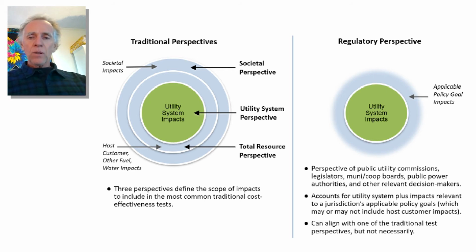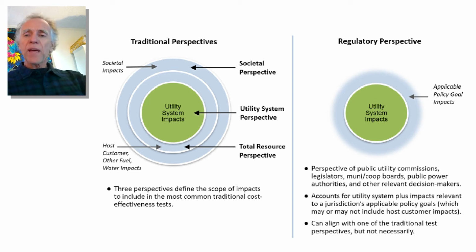So the whole concept behind the regulatory perspective is that, first of all, this can be different in every state, which is perfectly appropriate because states have different goals. And secondly, this should be the ultimate perspective that is used to define what is a relevant cost or benefit for your analysis.